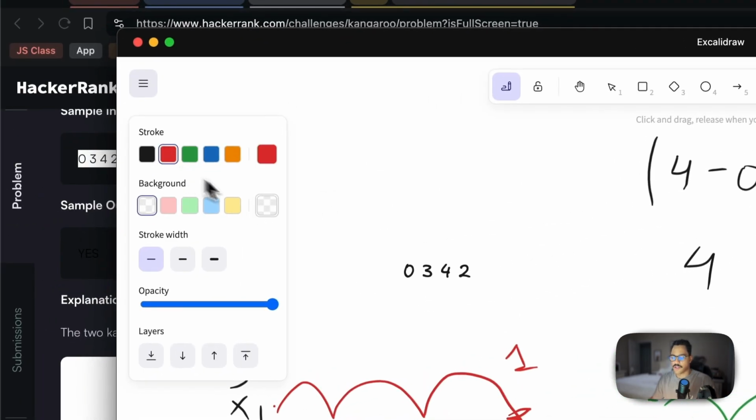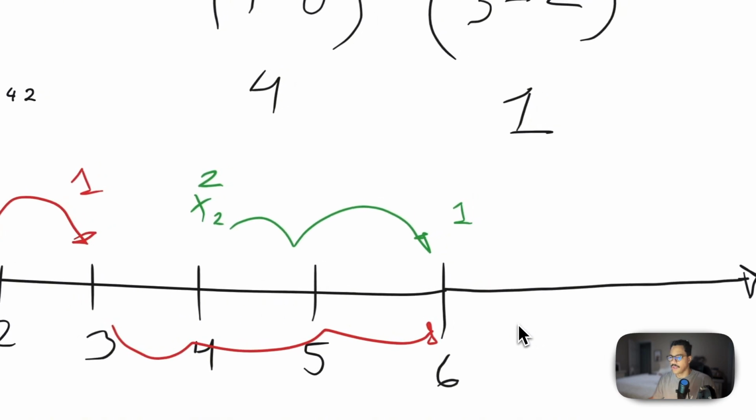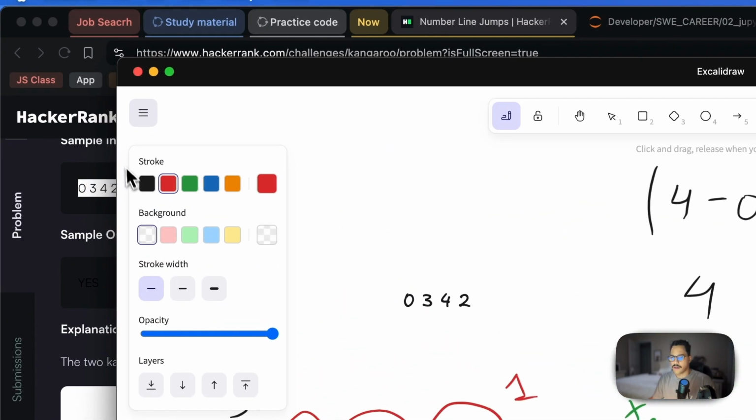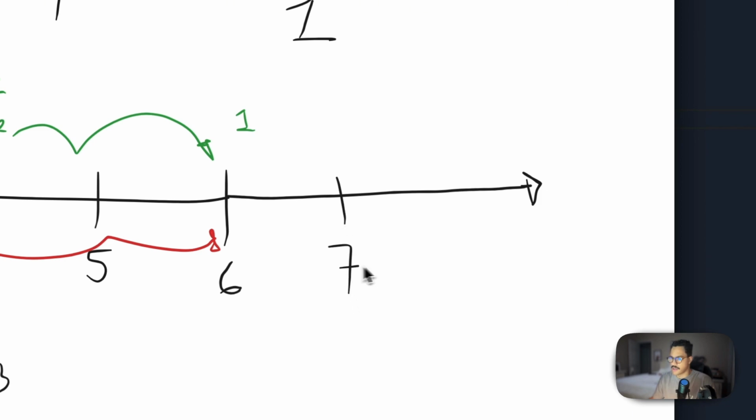And the second jump of the first kangaroo is going to be, maybe I go this way, 1, 2, and 3. And this kangaroo, I'm gonna do 6, 7, 8. They'll probably meet up here. Let's just put 9 there.